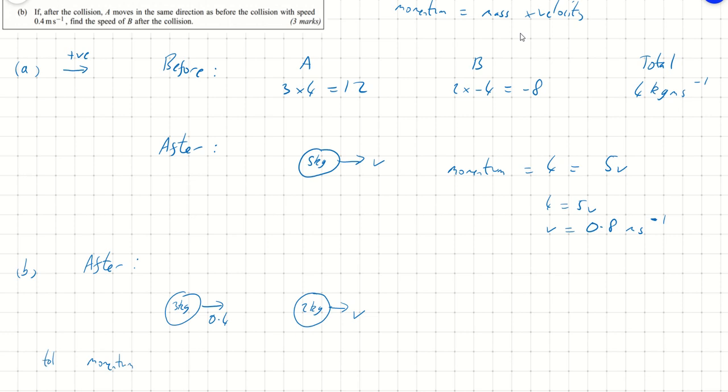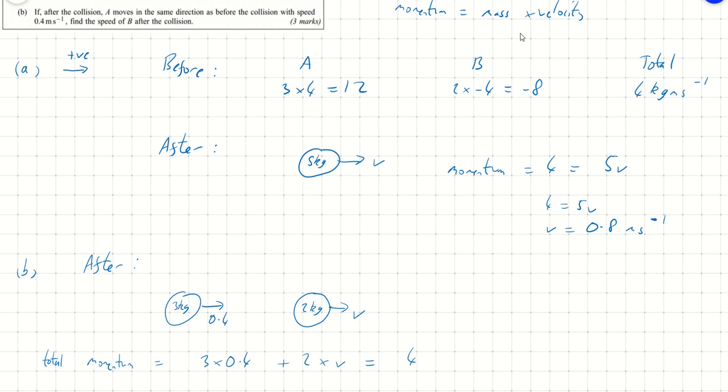Okay, so what's the momentum? Well, the total momentum is equal to the momentum of A, which is 3 times 0.4, plus the momentum of B, which is 2 times v. And that's the final momentum, which must also be equal to the initial momentum, which was just 4.